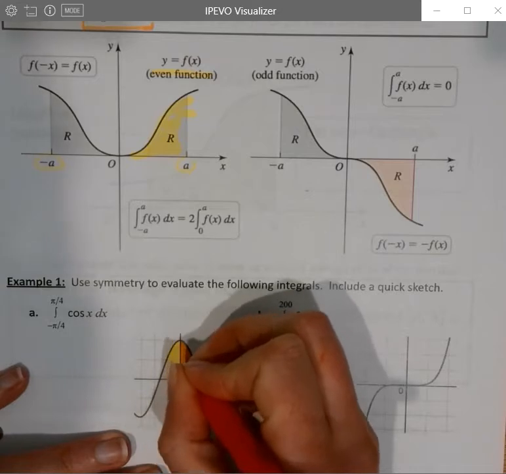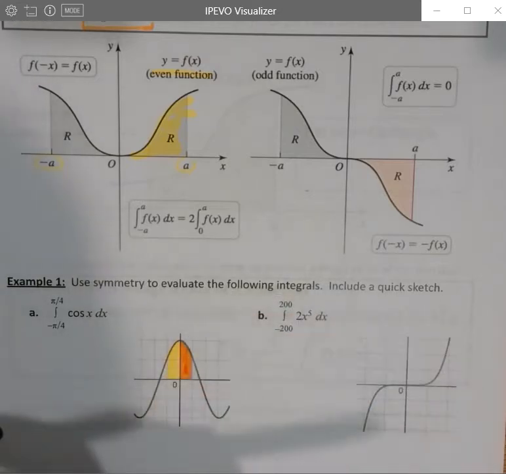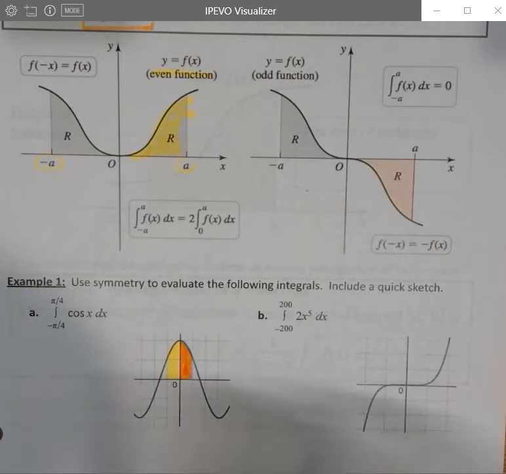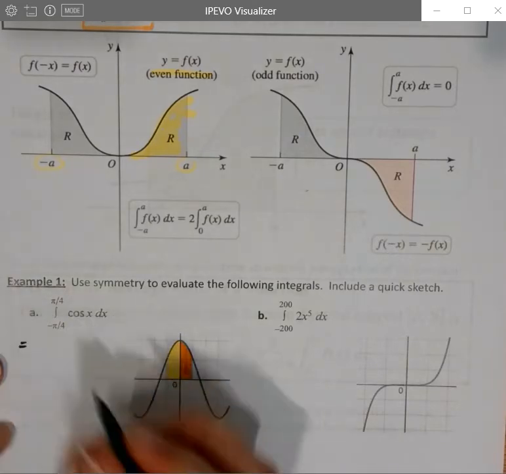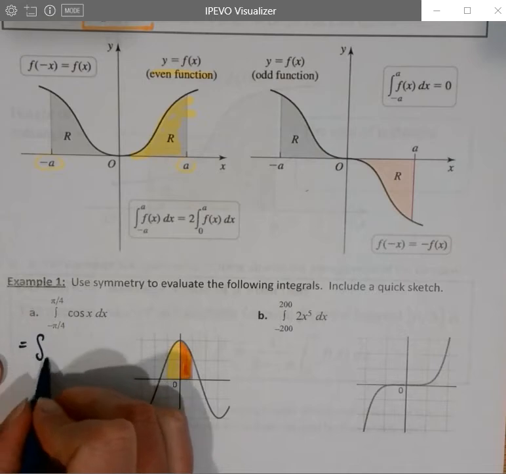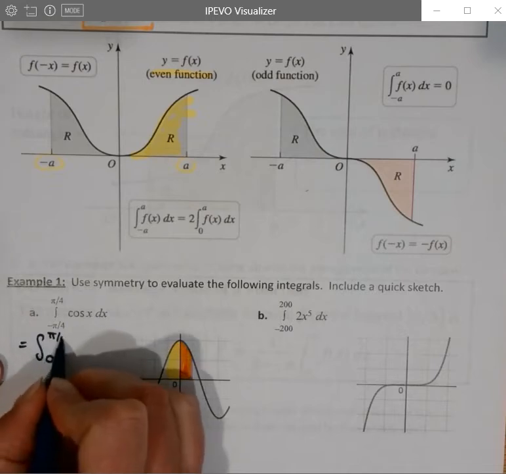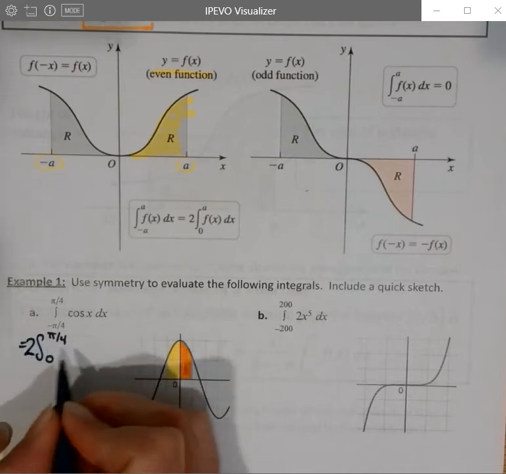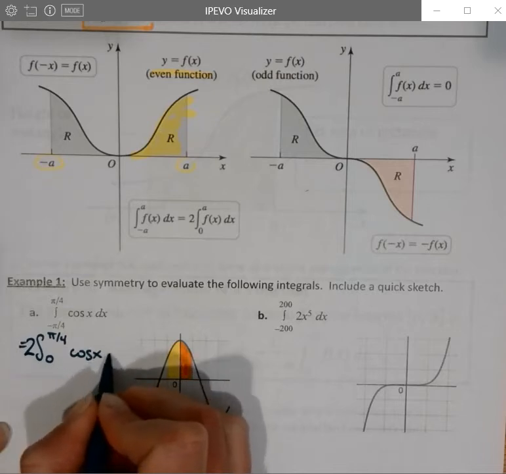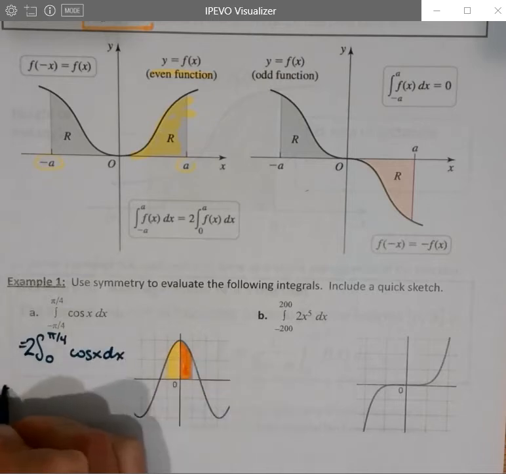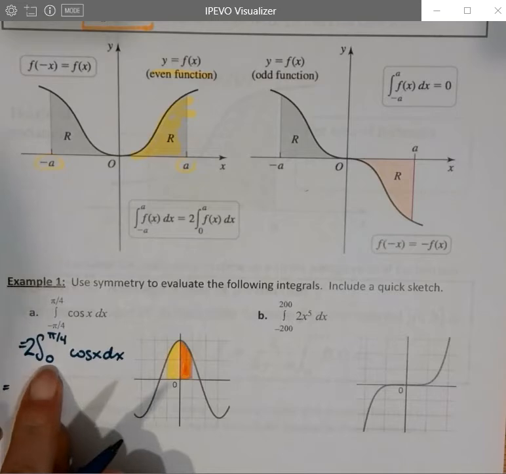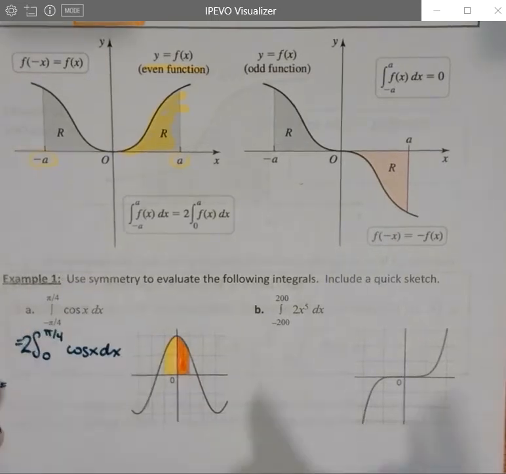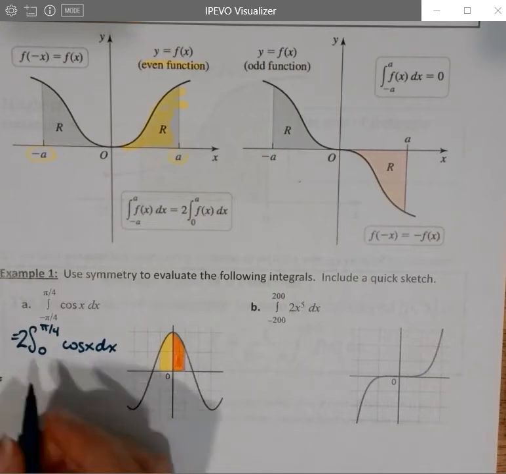So if I do the positive region twice, I should get the total area. Okay, so we'll do that. We're going to integrate from 0 to positive pi fourths, and we're going to multiply it by 2 of the cosine x dx function. Now, the advantage of this is that it's usually easier to plug 0 into a function than it is to plug in other numbers, so that helps us.